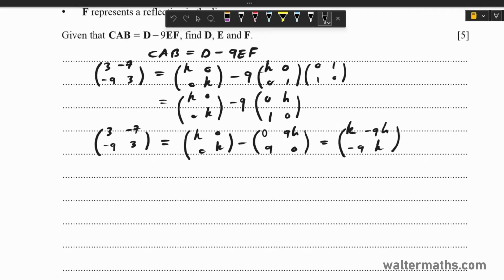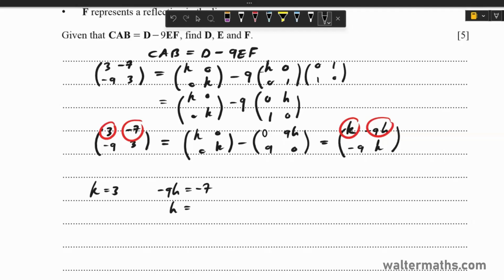So we can say that this first element is equal to this one here, which means to us that K is 3. And we can also say this is equal to this, which means to us that minus 9H is equal to minus 7.